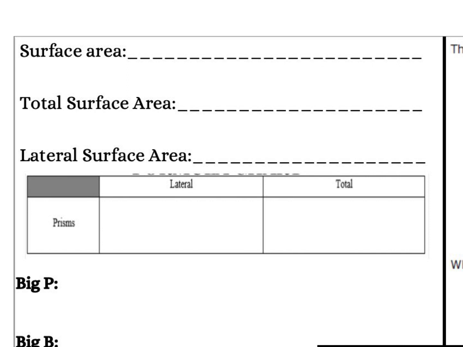So surface area is the outside area of a shape.